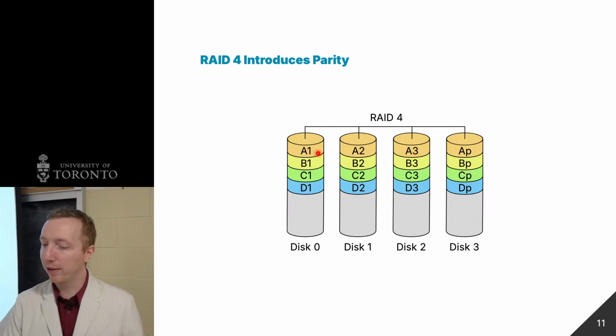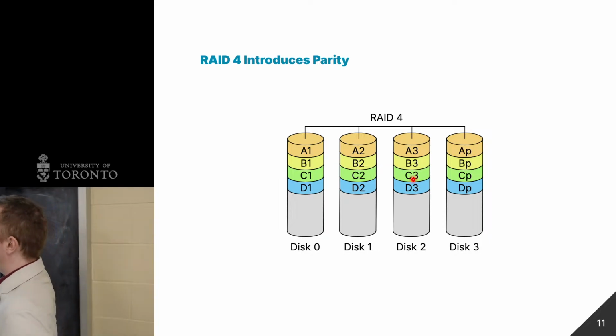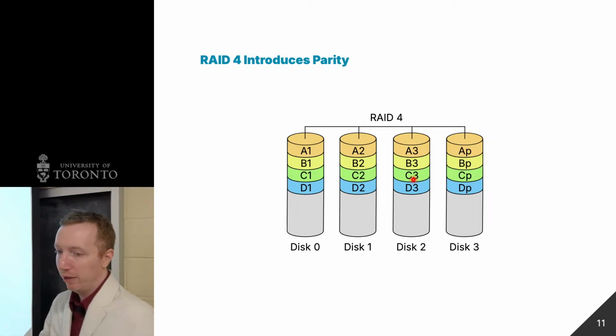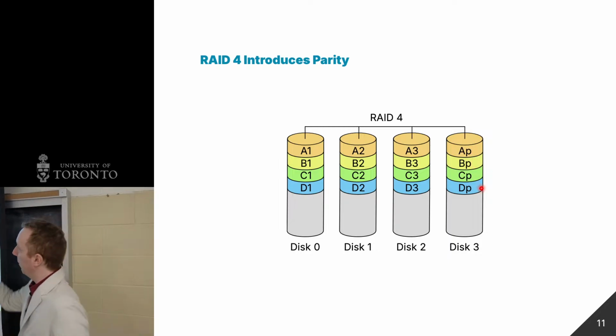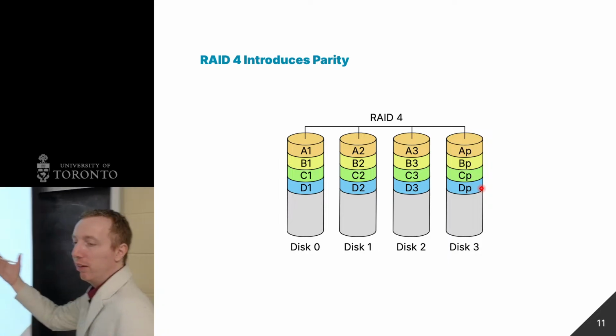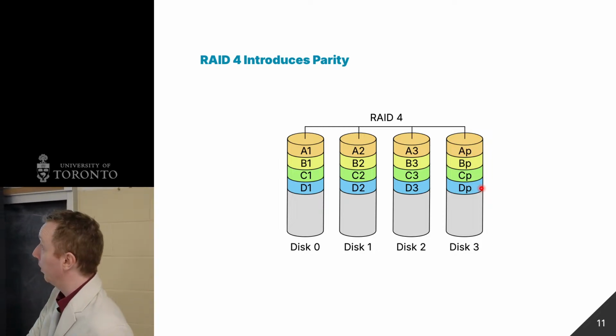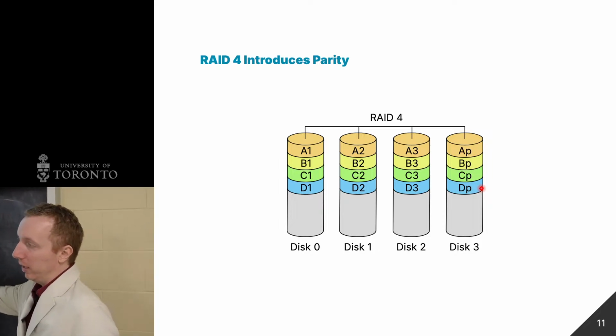So for instance, let's say I'm writing A1, B2, and C3. I could do those writes in parallel, but I'll be a bit stuck because that will cause an update to A, B. I'll have to recompute the parity for A, B, and C. So it'll cause more writes on this drive. So there'll be slightly less performance than just straight up n minus 1 RAID 0 because of the parity disk.